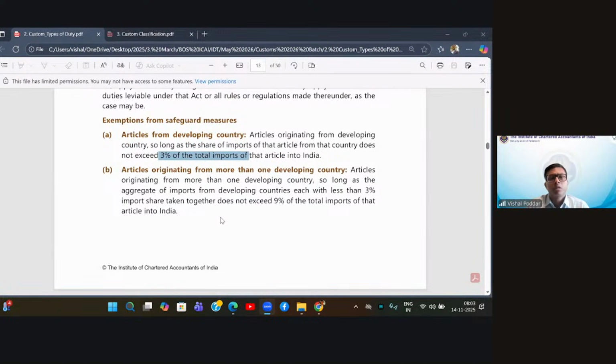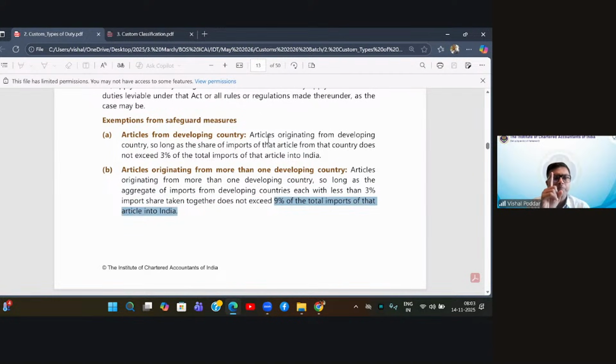So where the goods are being imported from a developing country, then up to 3% of total imports is allowed from one developing country without levying safeguard duty. And if more than one developing country is providing the same goods, then a maximum of 9% of total imports is allowed from all the developing countries combined.